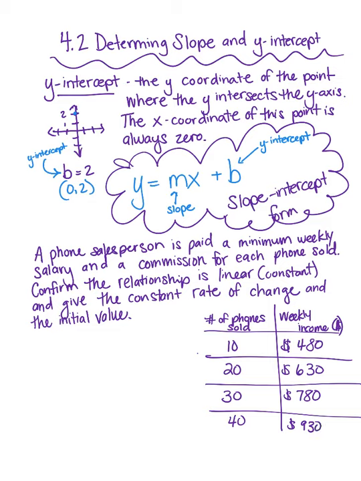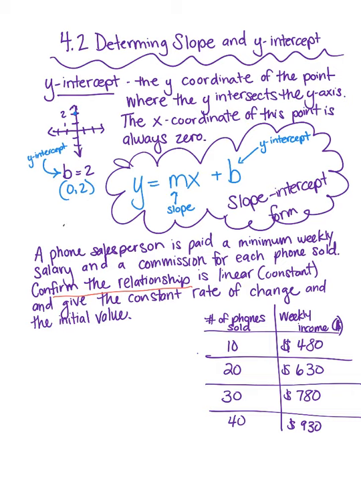Okay, so the first thing we need to do is confirm that the relationship is constant. I'm not going to make you write it again, but that's our step right here. So we're going to use a formula that we learned previously, which is the slope formula.